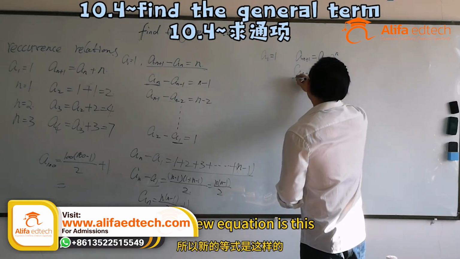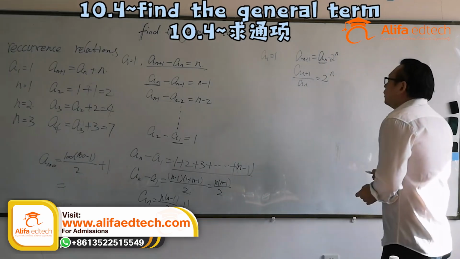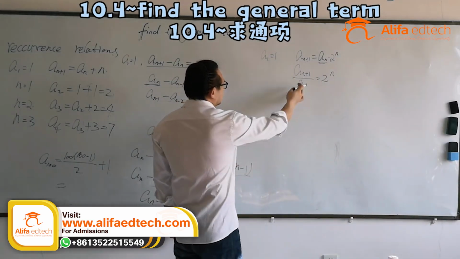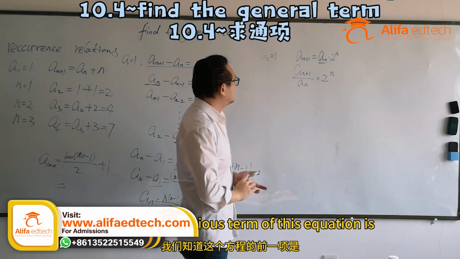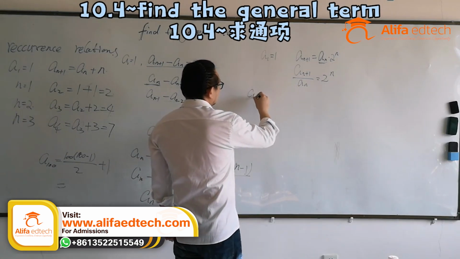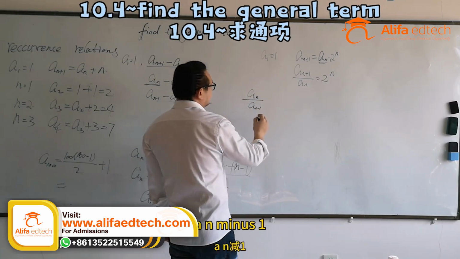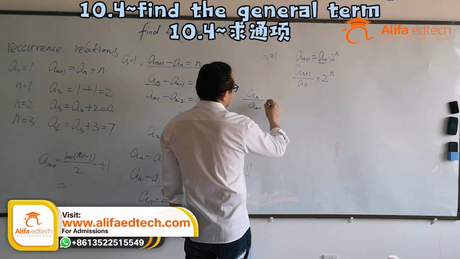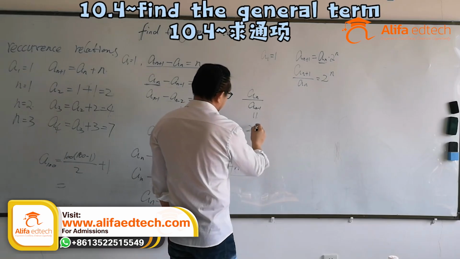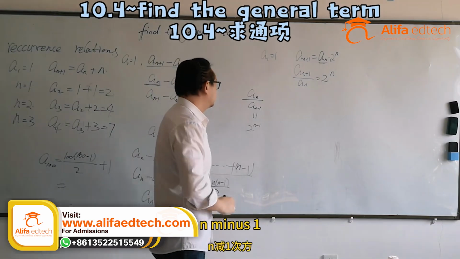So the new equation is this. And then we know the previous term of this equation is an divided by a(n-1) equals 2 to the power of n minus 1.